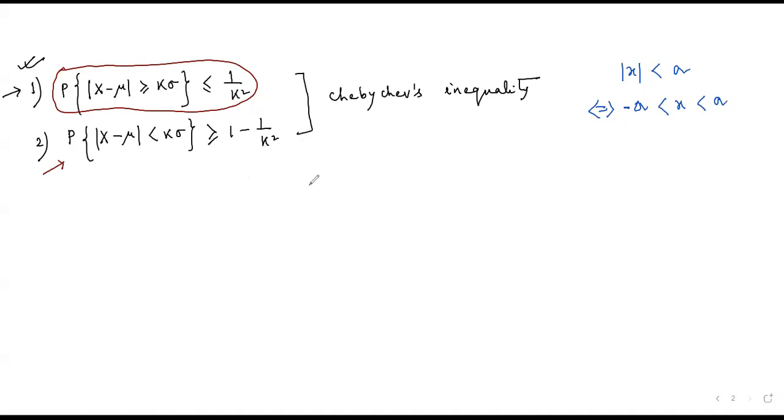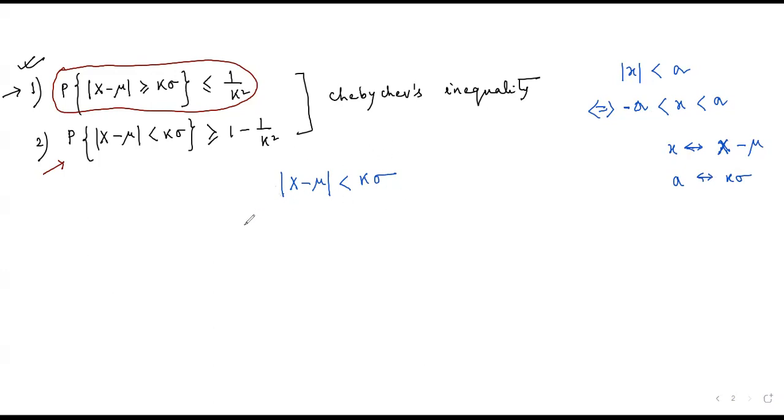So by applying this rule, if I consider this quantity x minus mu to be my small x, and I'm considering a to be this expression, that is k sigma, then you will get a similar sort of expression over here.